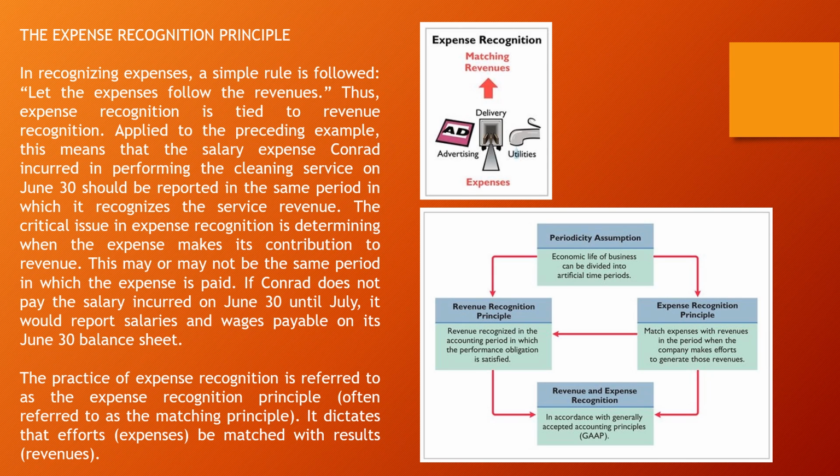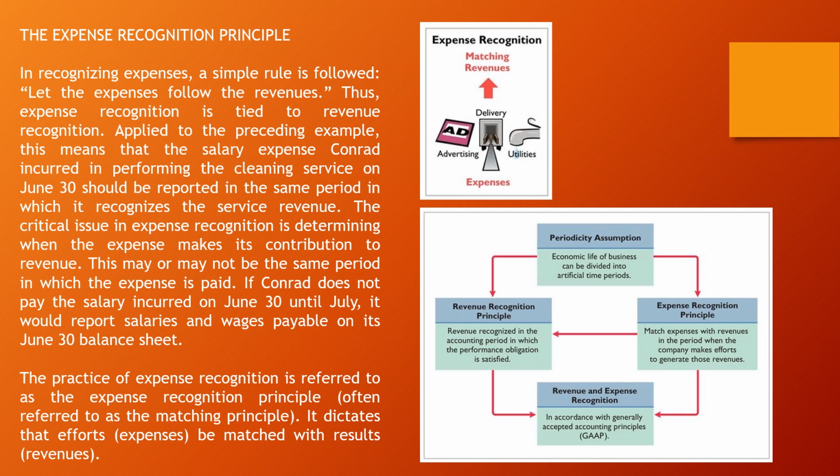The critical issue in expense recognition is determining when the expense makes a contribution to the revenue. This may or may not be the same period in which the expense is paid.